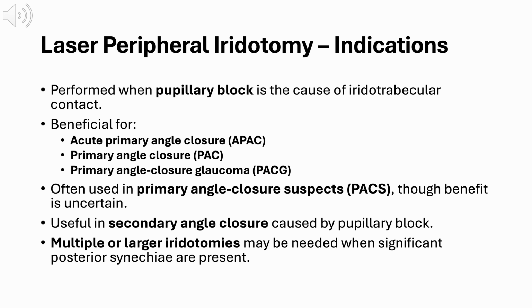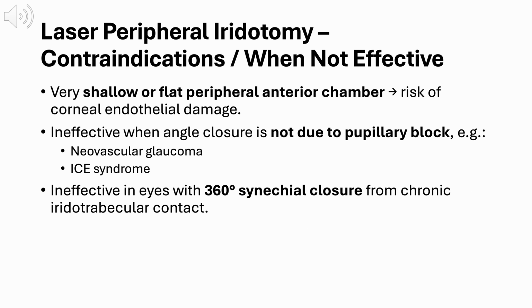It's also commonly offered to primary angle closure suspects, though the degree of long-term benefit in that group is still debated. When angle closure is secondary but still rooted in pupillary block, the same rationale applies. And in eyes with broad posterior synechiae, a single opening may not be enough, so larger or multiple iridotomies can be required to meaningfully bypass the obstruction.